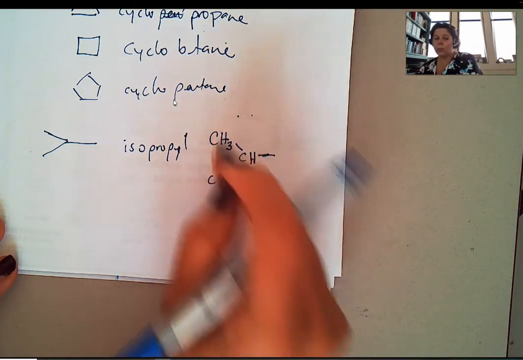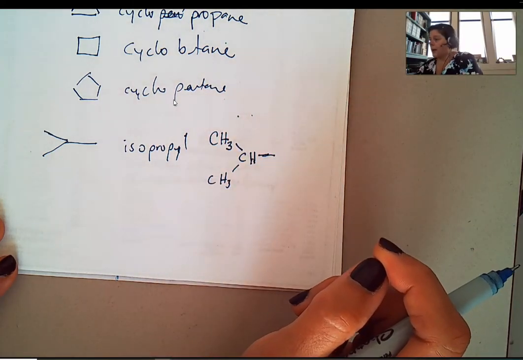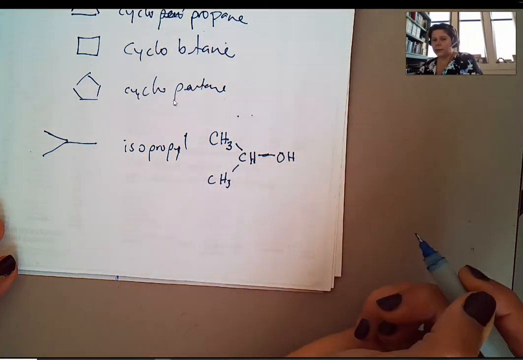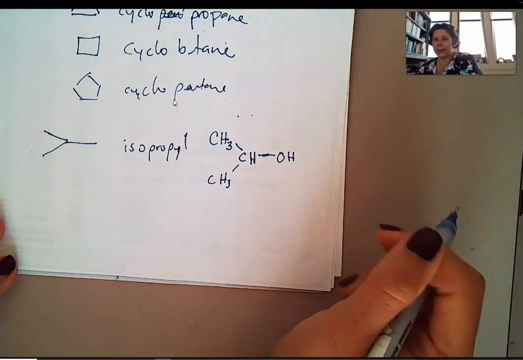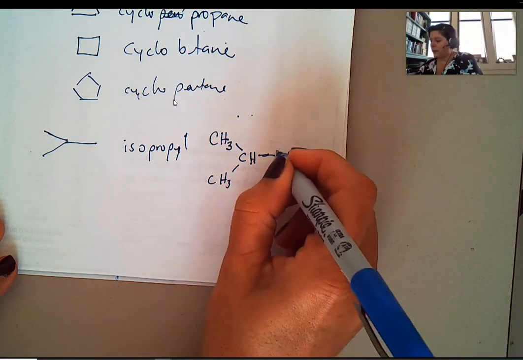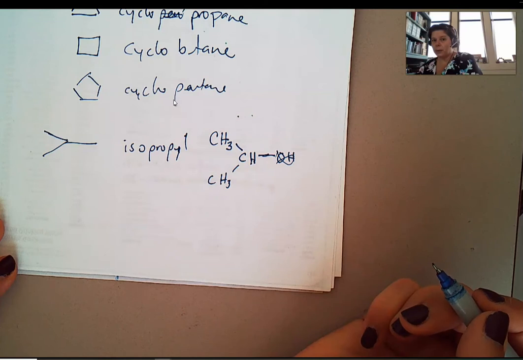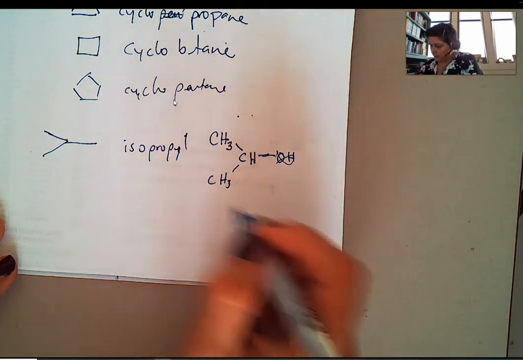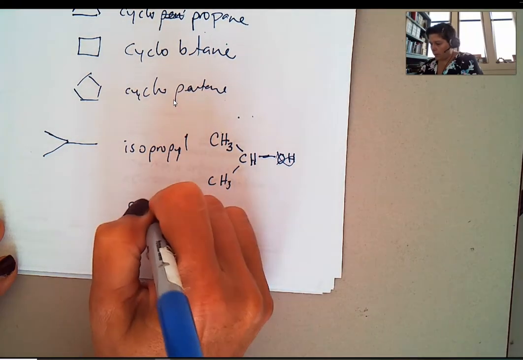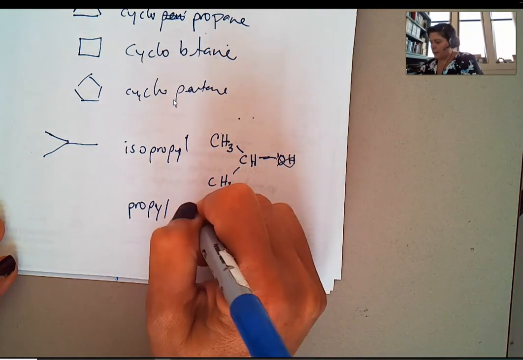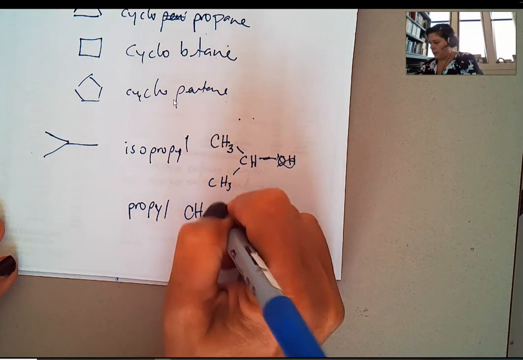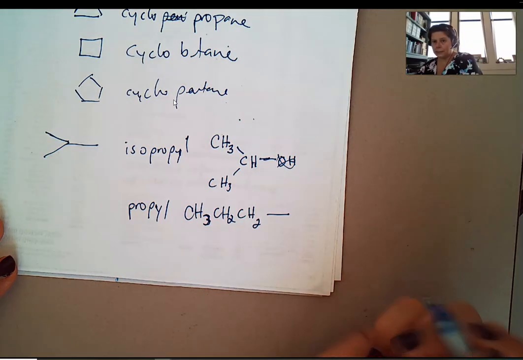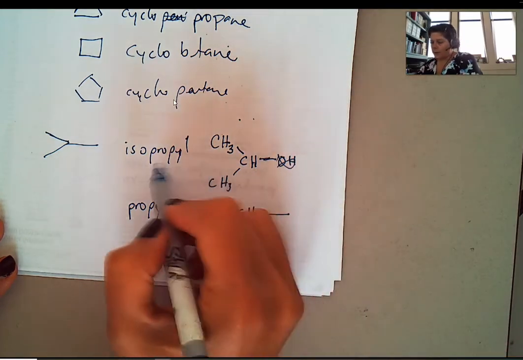This is an isopropyl group. If we add an OH onto there, now it's isopropyl alcohol. This is isopropyl as the group. So we have propyl: if we have propyl, it would be CH3, CH2, CH2, and then it would connect on to it. This is isopropyl.